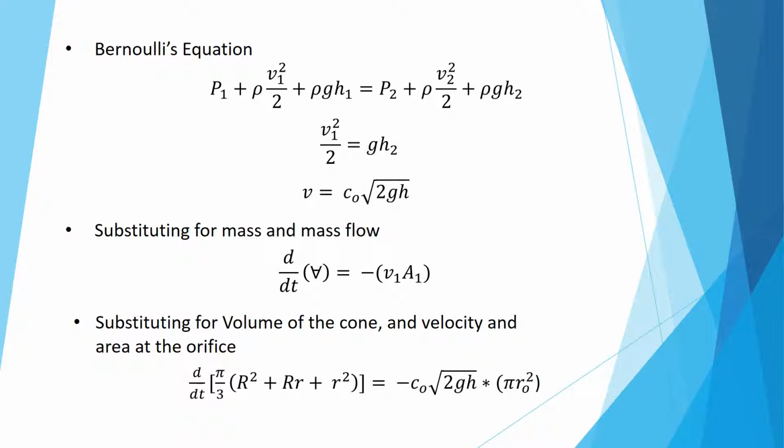Substituting for the volume of the cone, the velocity and the area at the orifice, we get that the change in the volume of the truncated cone is equal to negative coefficient of the orifice times the square root of 2 times the gravitational constant times the height times pi times the radius at the orifice squared.